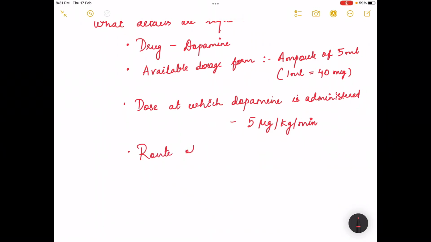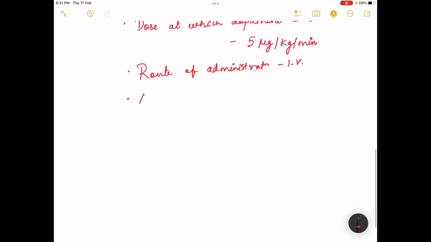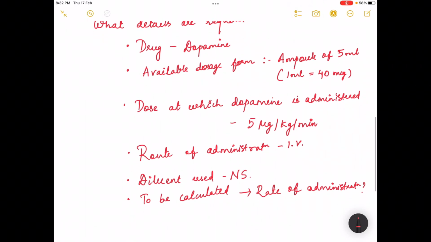What is the route of administration? It is IV route. What is the diluent used? It is normal saline. And what do we have to calculate? The rate of administration.